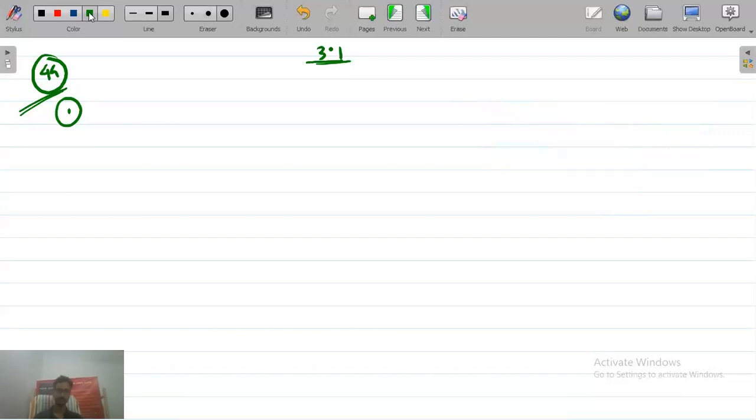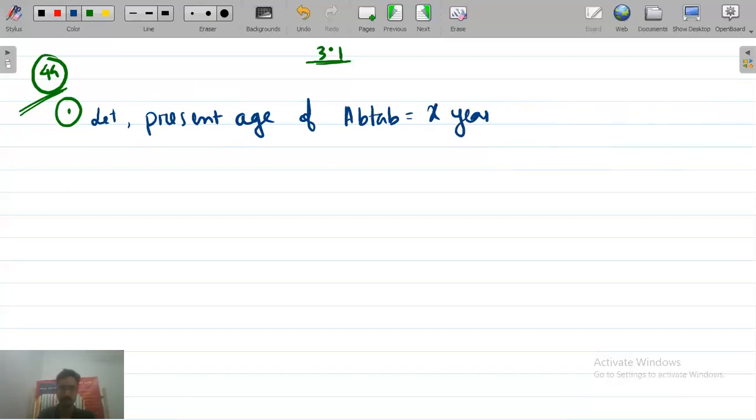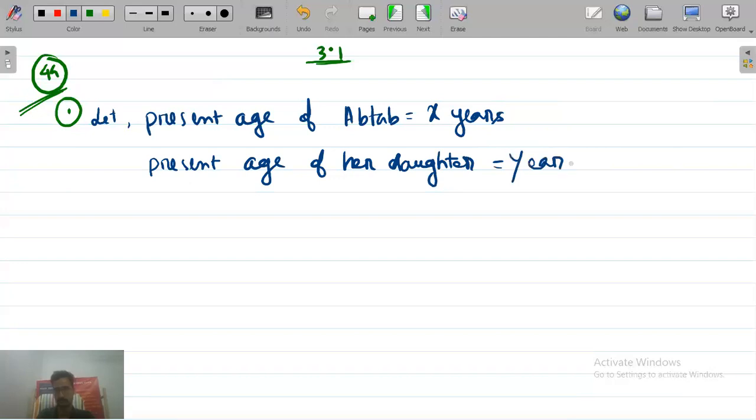In the same way, suppose the present age of Aftab is x years and the present age of his daughter is y years.